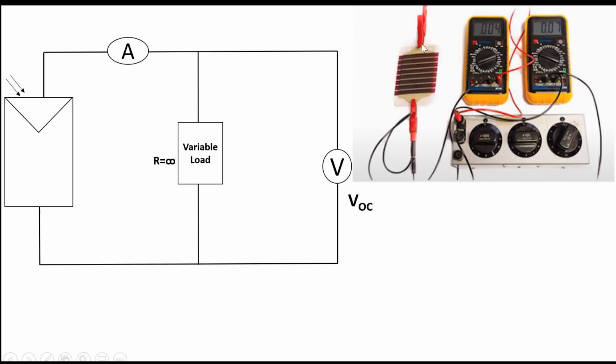The voltage will increase with the resistance value, as you increase the resistance to giga ohms or 10 giga ohms, voltage will increase, but the current will remain very minimum. So now I think the physical meaning of open circuit voltage and short circuit current is clear to you.